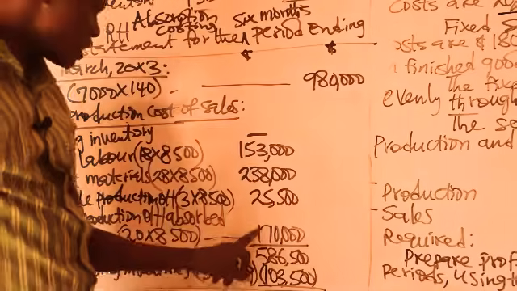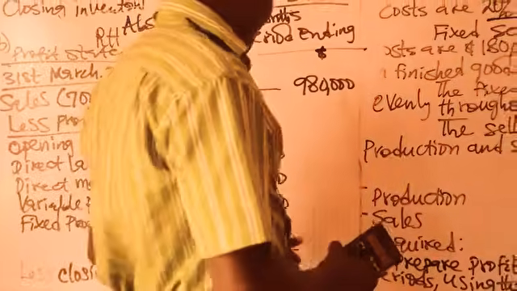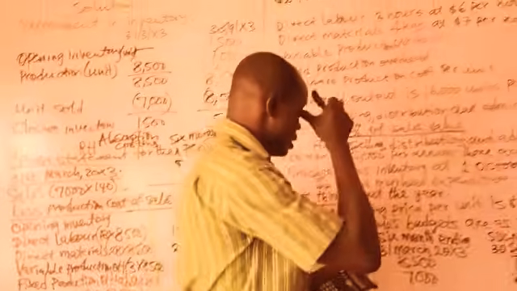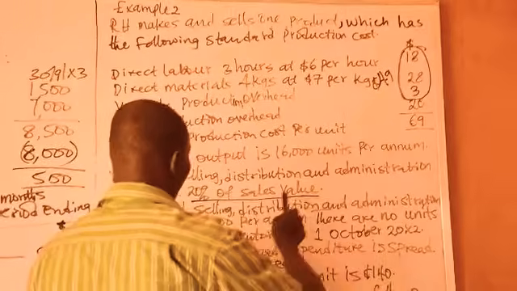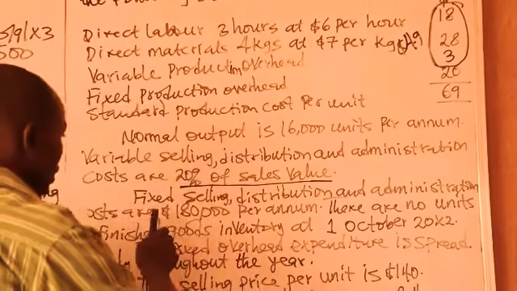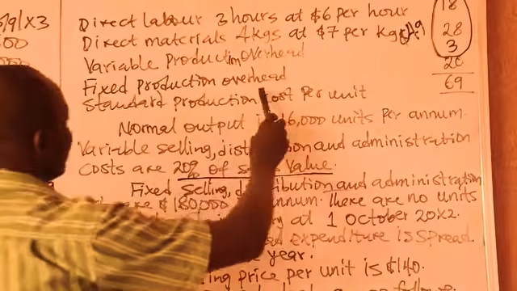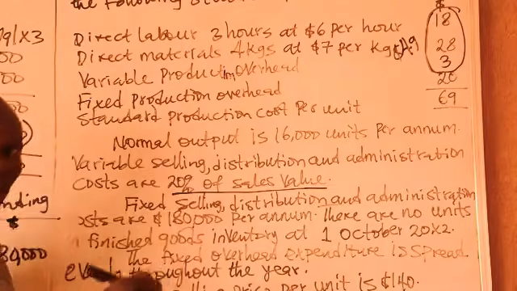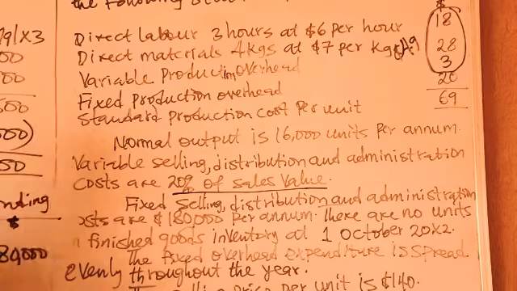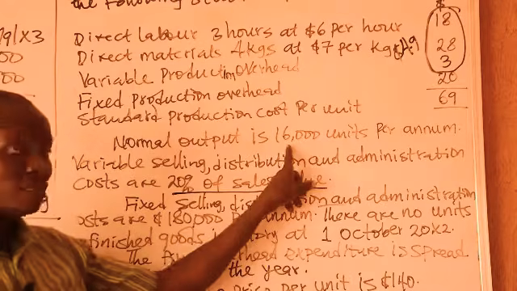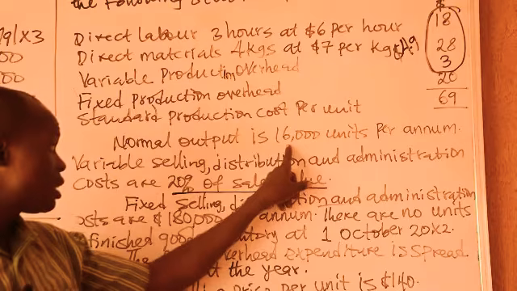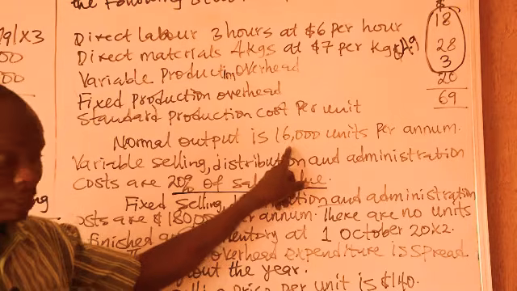The actual fixed production overheads is 20 times 16,000, which is 320,000. That is for a year. Then for 6 months, 320,000 divided by 12 times 6 gives us 160,000.